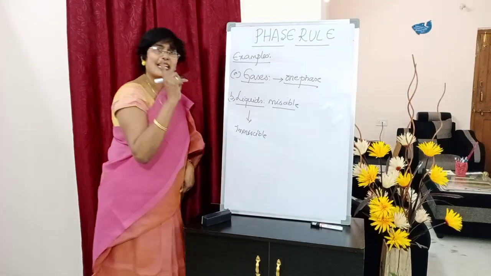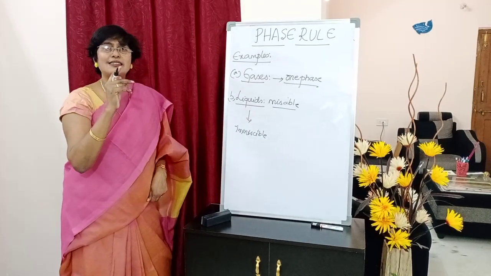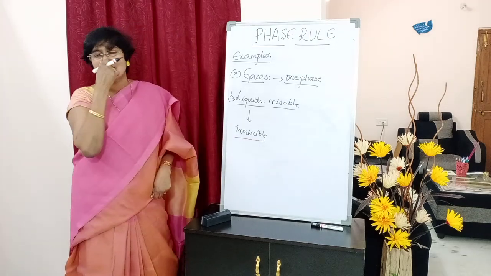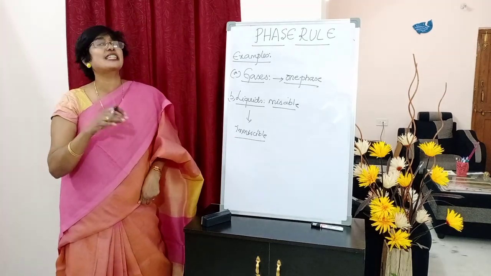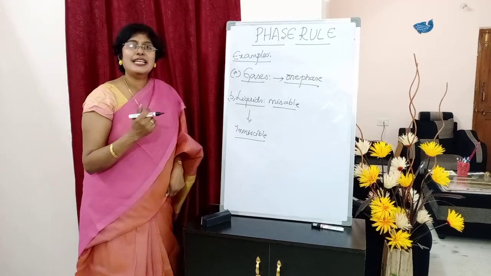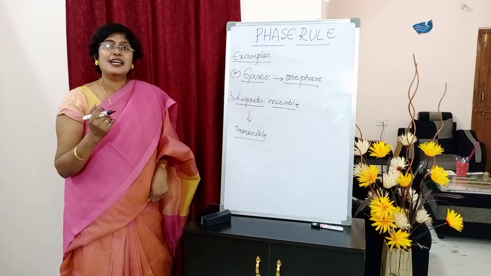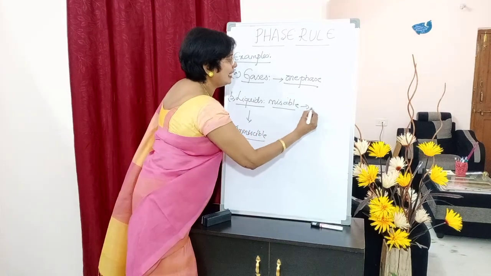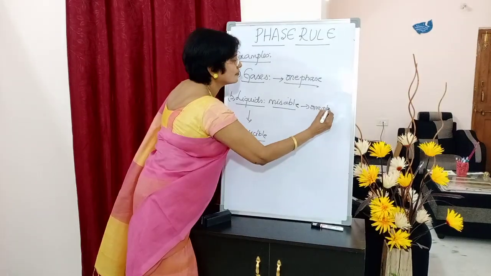Miscible means they get mixed up and we can see it as one phase, and immiscible means they cannot be mixed up with one another. So if we consider miscible liquids, they constitute only one phase.